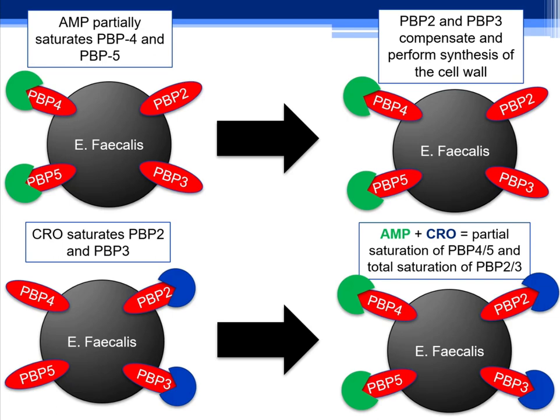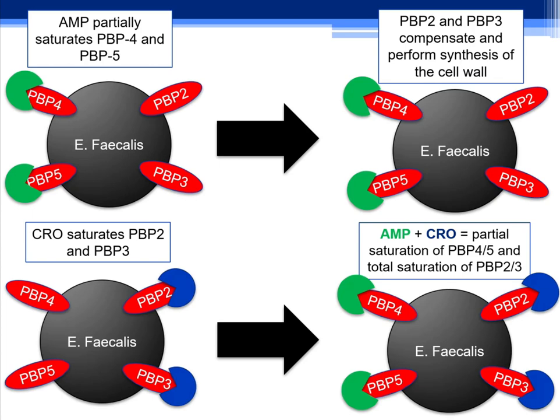When you add on ceftriaxone, it binds, as we were discussing, PBP2 and 3. So when you combine those together, you get partial saturation of 4 and 5 and total saturation of 2 and 3. That compensation is not able to happen, and so you get a full-on synergistic cidal effect.